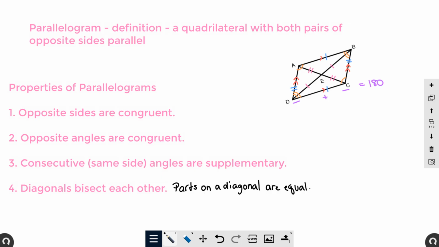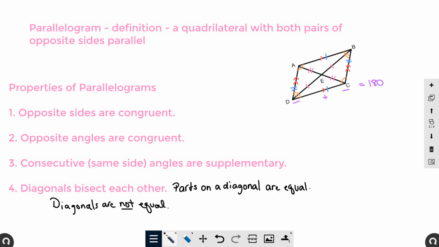The parts on the same diagonal are equal. So the diagonals are not equal, but the parts are equal on the same diagonal. Hoping that makes sense.